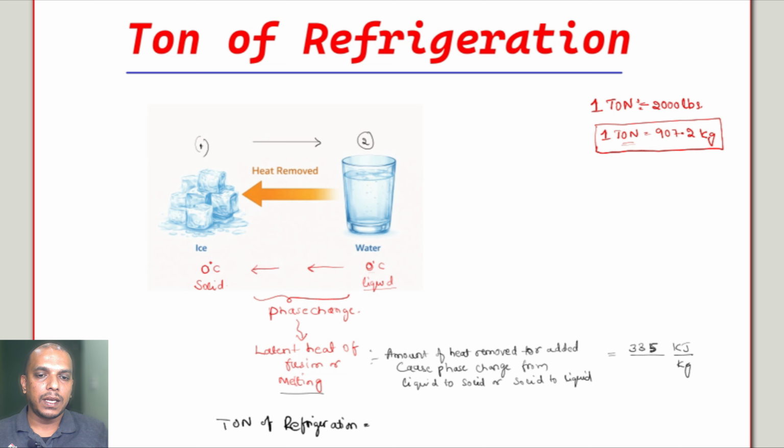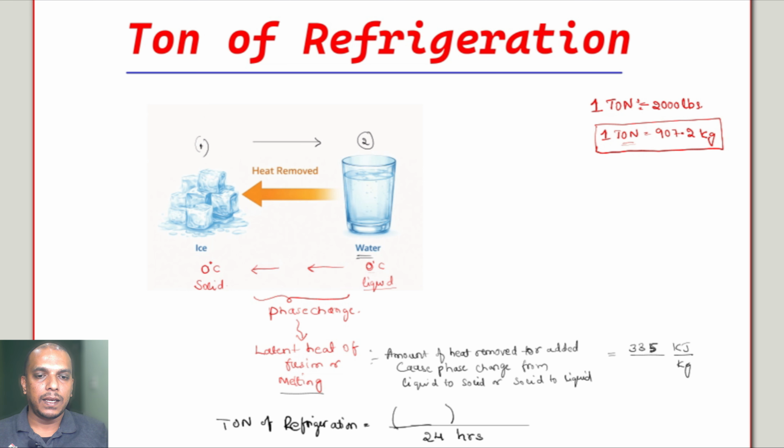So, it is the amount of heat removed to convert liquid water at 0 degree Celsius to solid ice at 0 degree Celsius in 24 hours. So, this is 24 hours in the denominator.